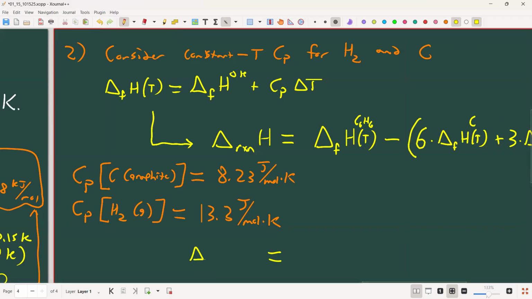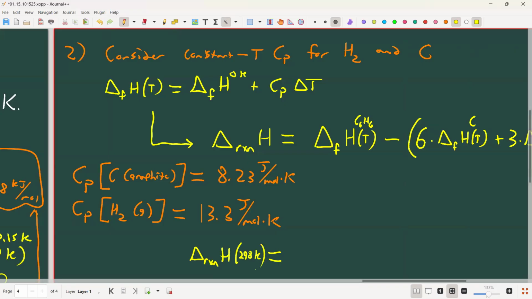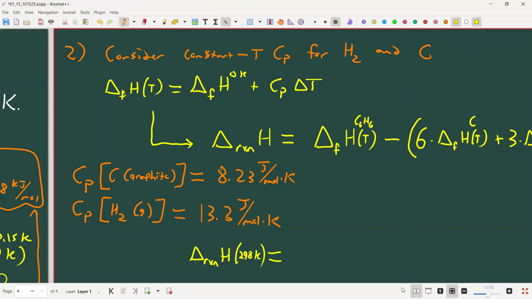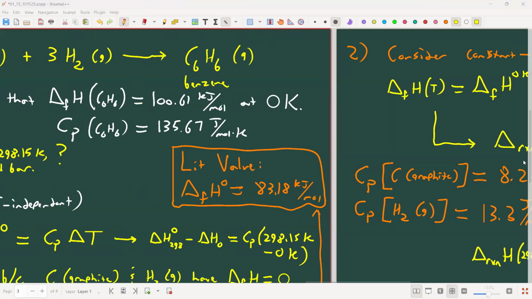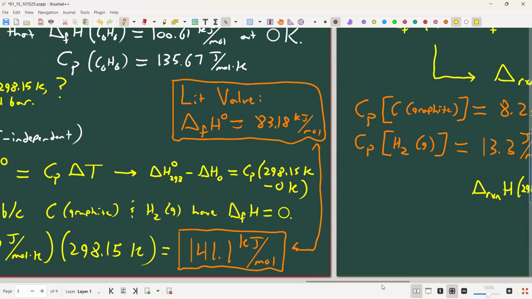So we're going to calculate the enthalpy of reaction at 298 Kelvin. Right? First, we need the enthalpy of formation of C6H6. We calculated that in the last problem. What did I say it was? 141? 141.1?